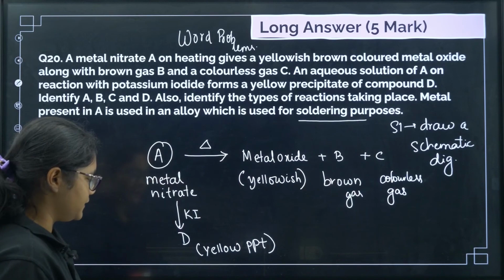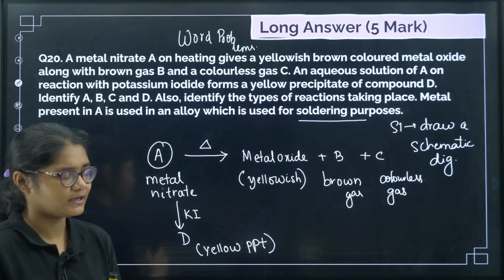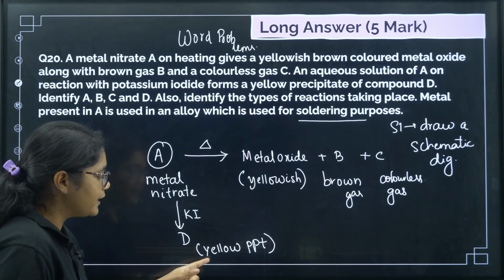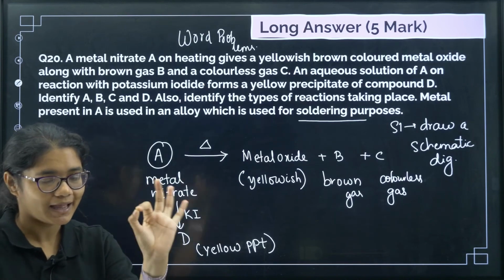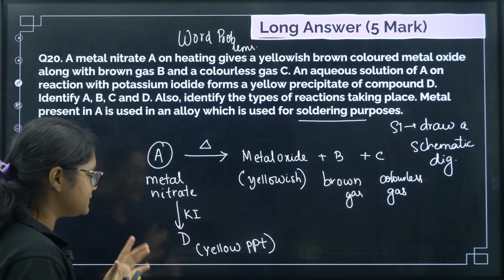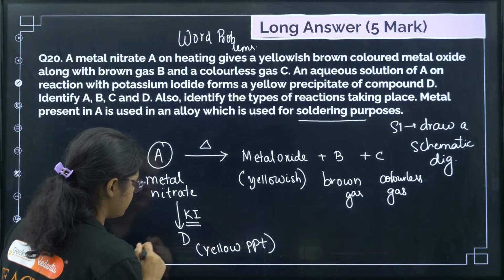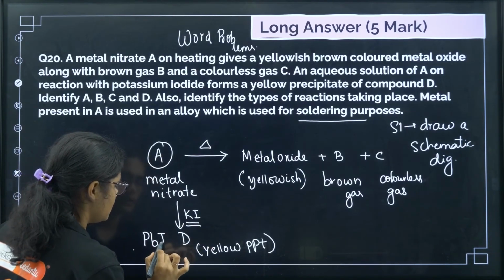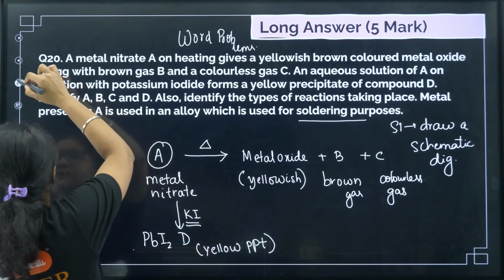Now you see, we have learned so many reactions and I told you that the yellow precipitate with iodine is PbI2, right? This is the first thing we can derive.